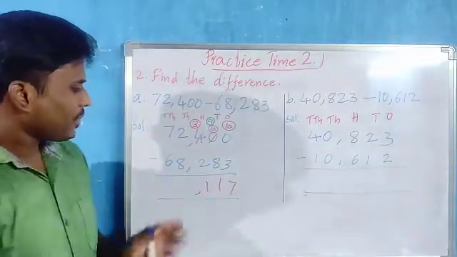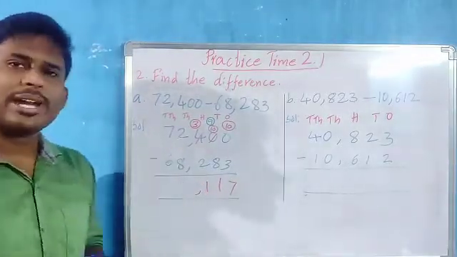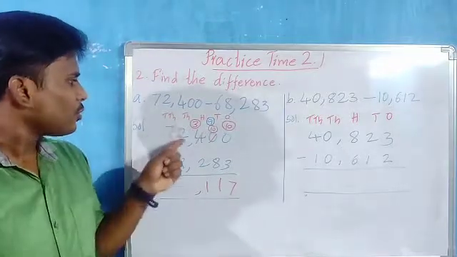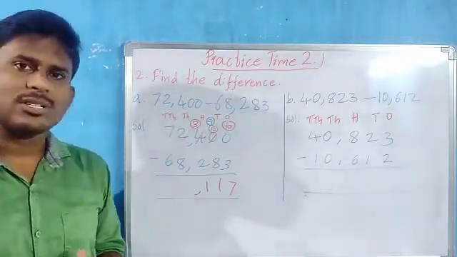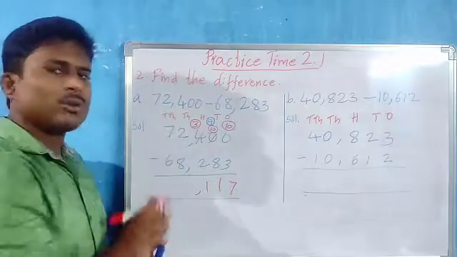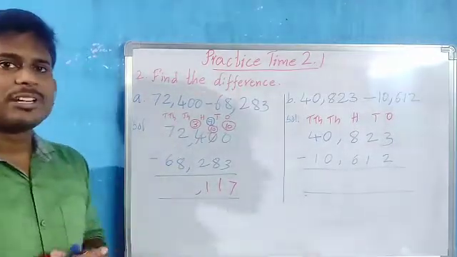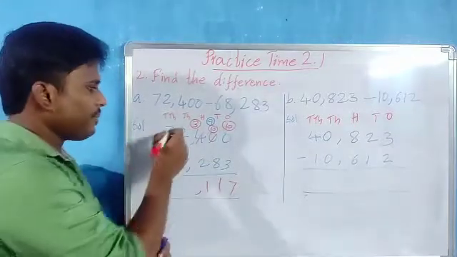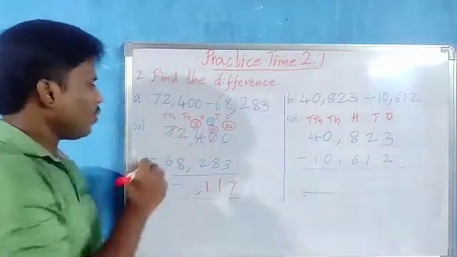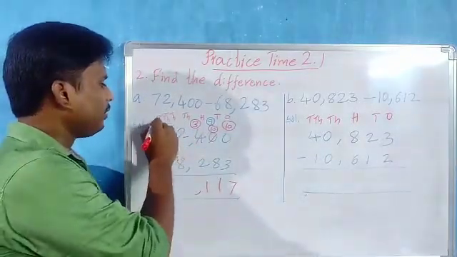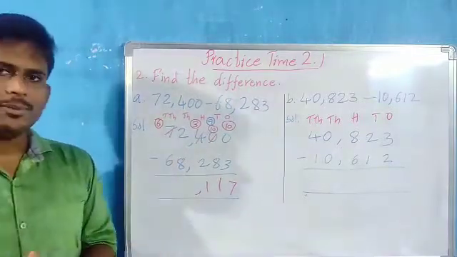Very good, children. Now the thousands period. 2 minus 8. Is it possible, children? 2 thousands minus 8 thousands. It's not possible. So we have to regroup from the 10,000s place. In the 10,000s place we have 7. That means 7 10,000s are there. From that let us take 1 10,000. It will be 6 10,000s.